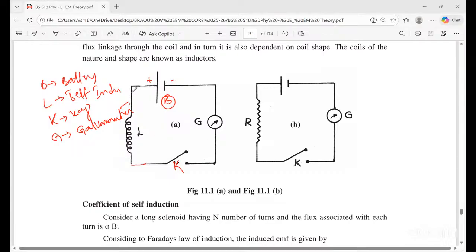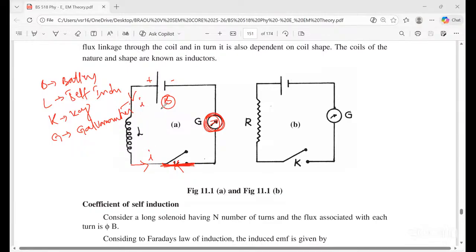Whenever a current is passing through it, the current is going to pass in this direction when the switch is closed. So the galvanometer should show a deflection. What is the use of this galvanometer? According to Oersted, a current carrying conductor produces a magnetic field.